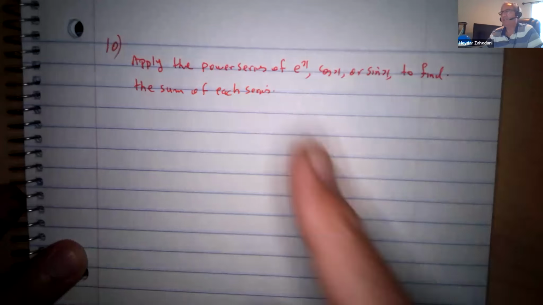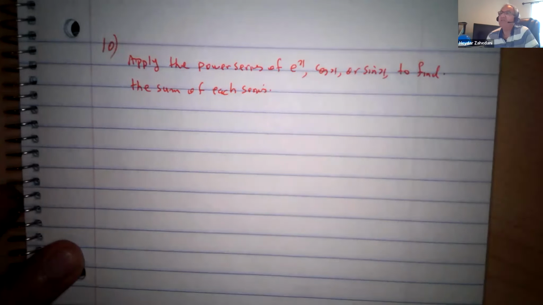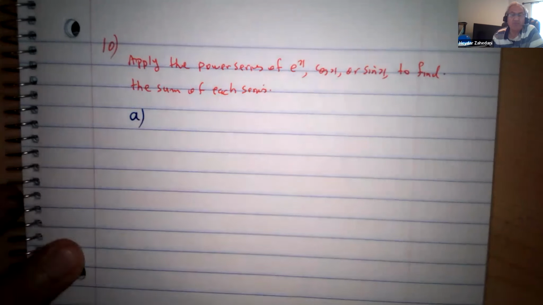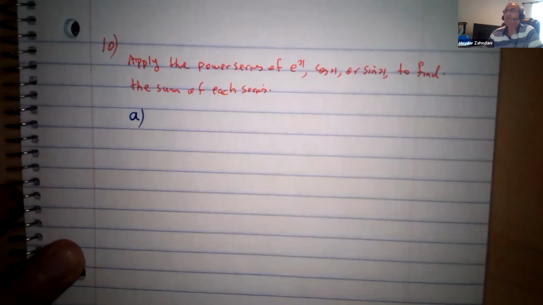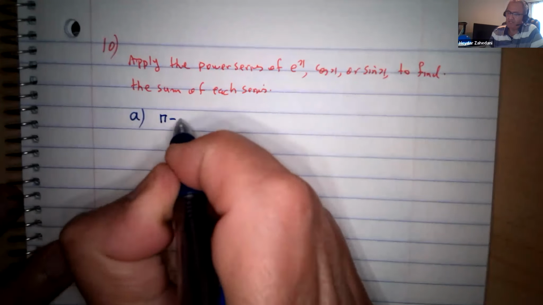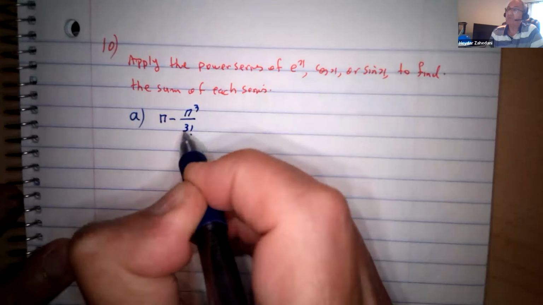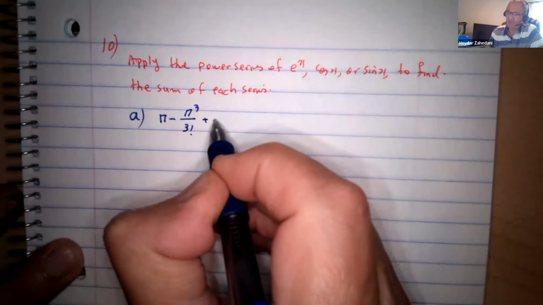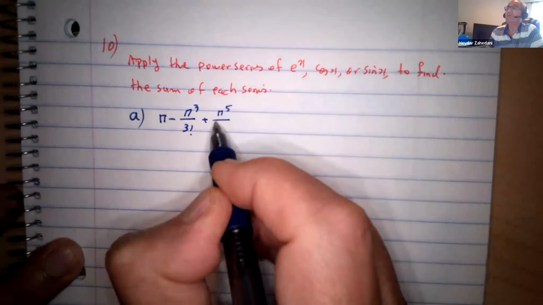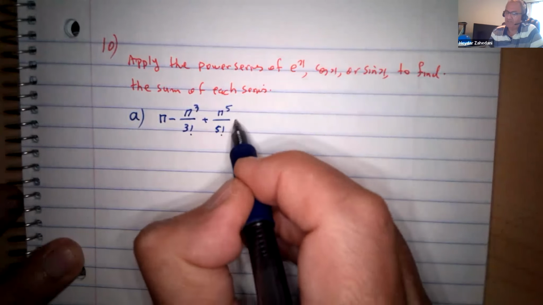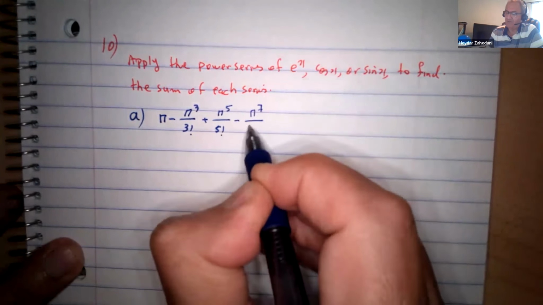So you have to write these series, replace x by a number that gives you the one that you are interested in. Look at this one. You have 3 nice ones in that worksheet that I gave you. Look at the series that you have. The series is pi minus pi to the 3rd over 3 factorial, then pi to the 5th over 5 factorial, minus pi to the 7th over 7 factorial.